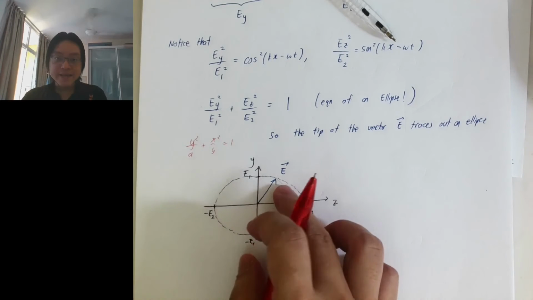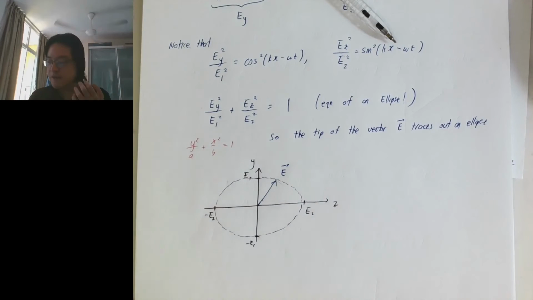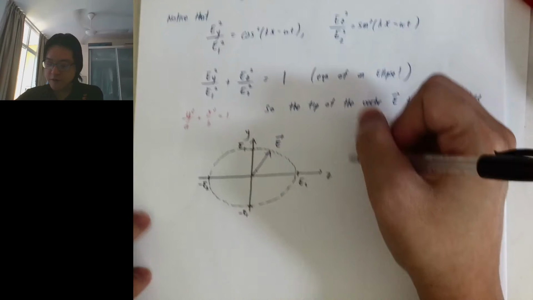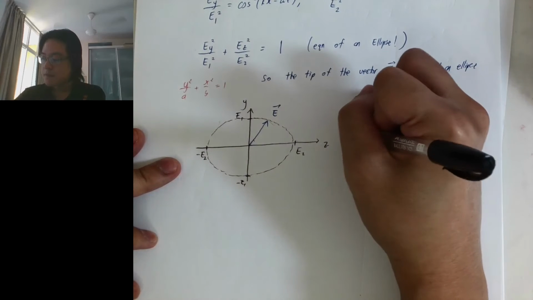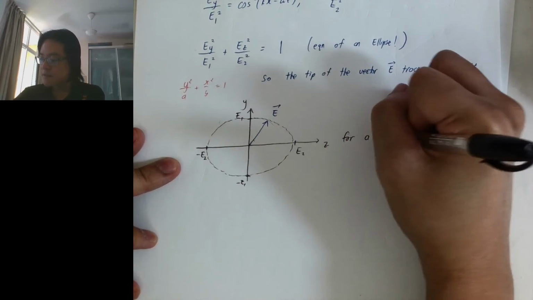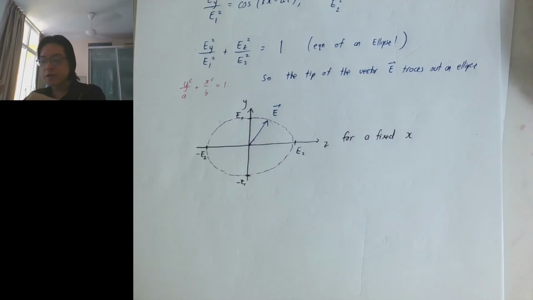Yeah, so in this picture, I'm just drawing a cross section, a picture for a fixed x, right? And of course in the x direction we got many different things.